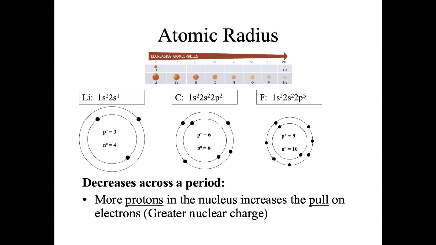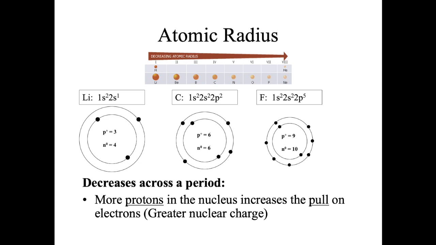So they just want to get a little bit closer to the nucleus. You should also notice that in the same period, your amount of electron shielding stays the same. So there's still the same number of energy levels in each of these atoms. It's just there's more and more protons in the nucleus as you move across the period.